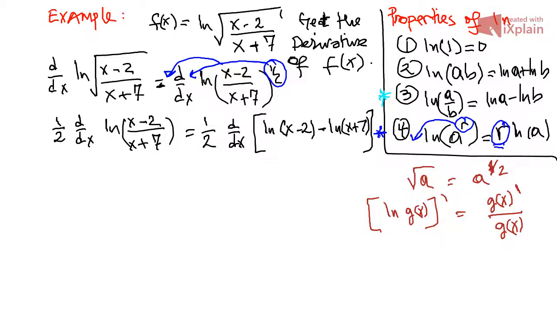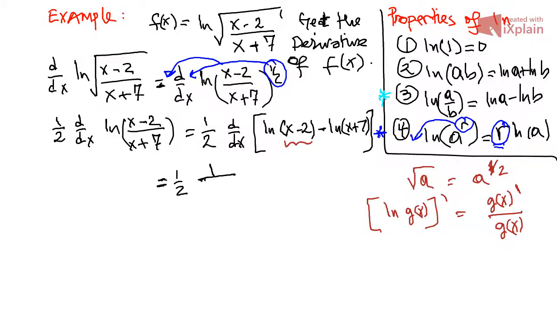So that's equal to, I'm just going to try to keep the equal sign here, so 1/2 of, in this case your g of x, the first term right here is x minus 2. So the derivative of x minus 2 with respect to x is just 1.